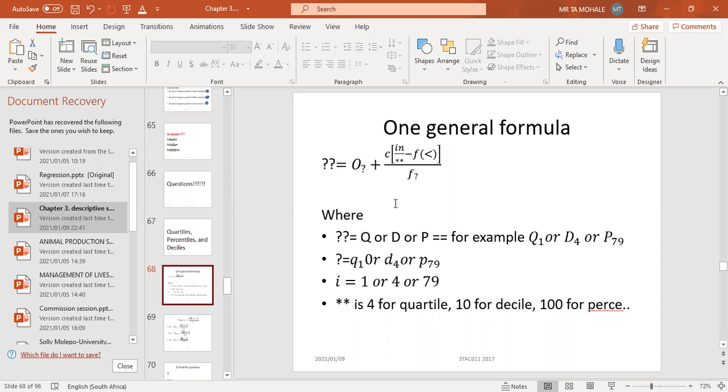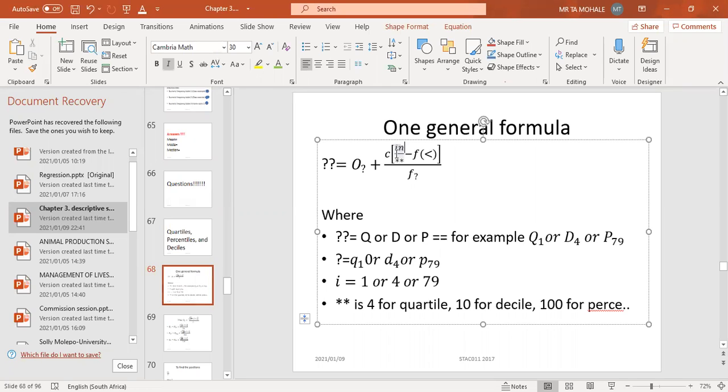You find the position. Good. You find the position, and the position is given by, where do we get the formula for calculating position? After opening the brackets, whatever you see, IN over asterisk. Good, you are ready.